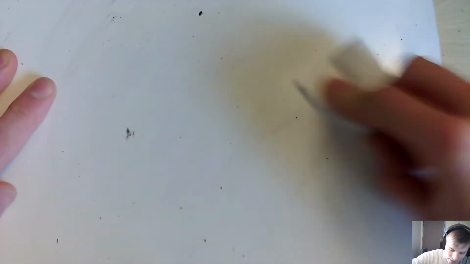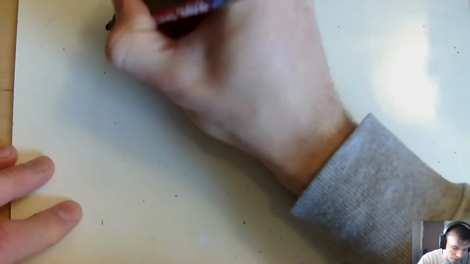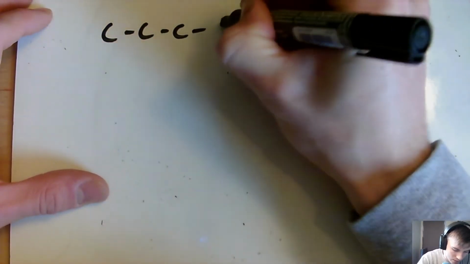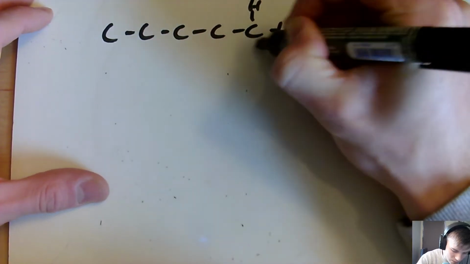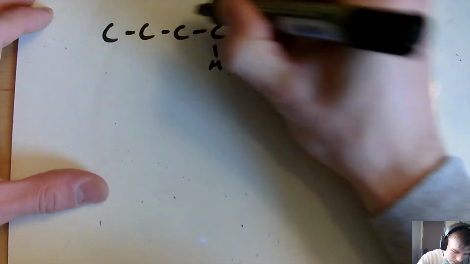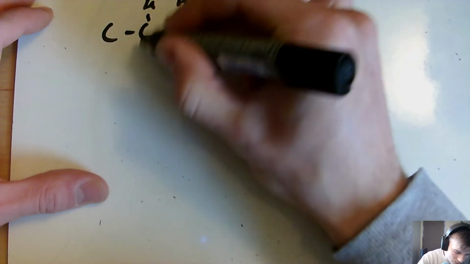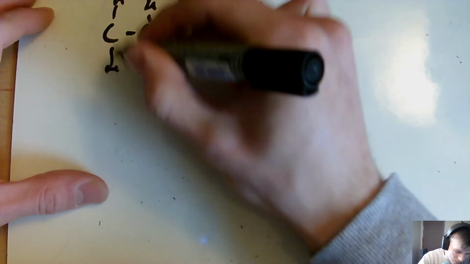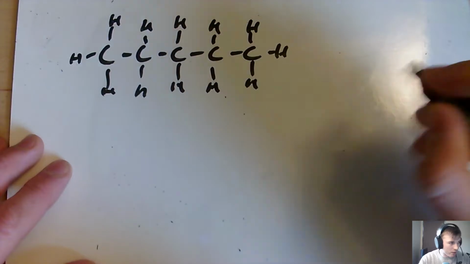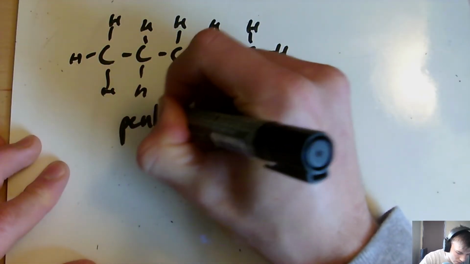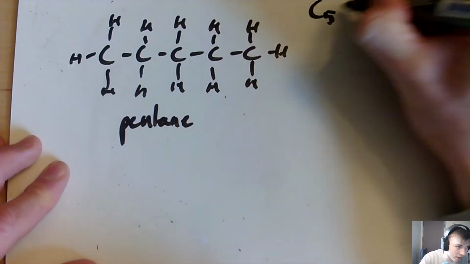If I move on to something a little bit more complicated, let's just prop this up a little bit more so you can see. If I draw my molecule here, you all know that this is pentane with a formula of C5H12.